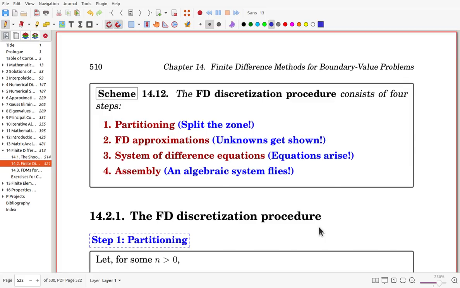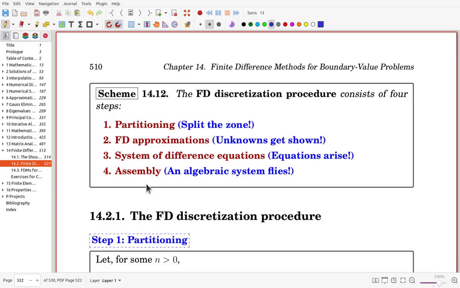And then the system of differential equations. That means that we try to gather equations of which each equation will give some relation between unknowns. And then from these equations, we try to get an algebraic system that is called the assembly. So we have 4 steps.